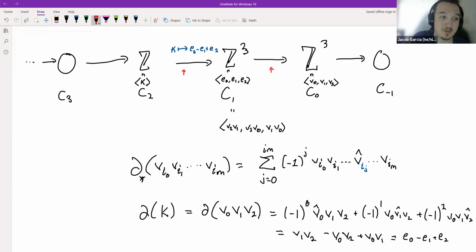For this one, 0 goes into a group, and the only way to do that is if the group homomorphism sends the identity to the identity. So this is the 0 map over here. And this is also the 0 map because I'm just collapsing my entire space to 0. So who can tell me something about what happens to this second map? This is the other interesting one.